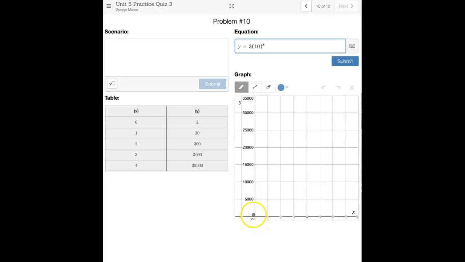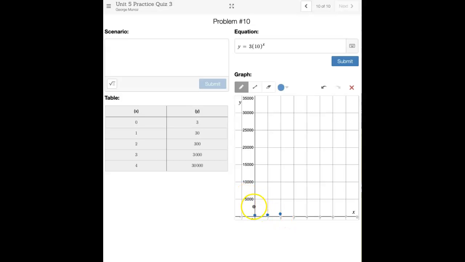Oh, this is not that friendly to graph. So 0, 3 is basically, we're just going to show that at 0 pretty much. 1 and 30, same thing. I mean, we could creep it up a teeny bit, but having 5,000 here means it would not really be showing. We wouldn't really be able to tell the way this graph is laid out. 2 and 300, I guess we could again creep up just a teeny bit.